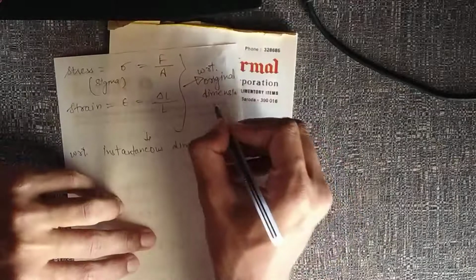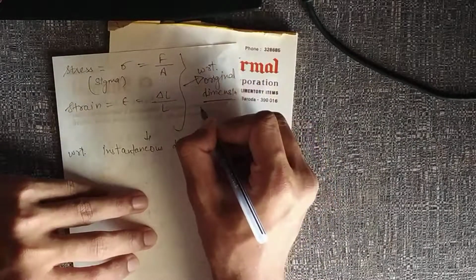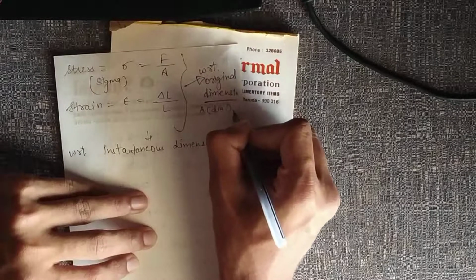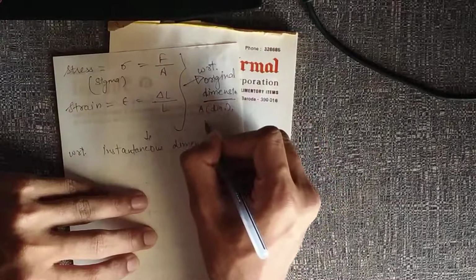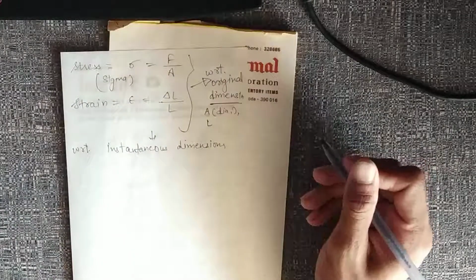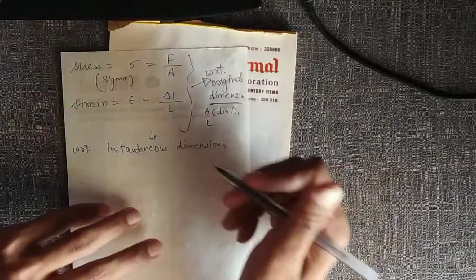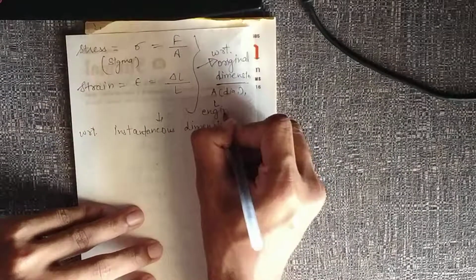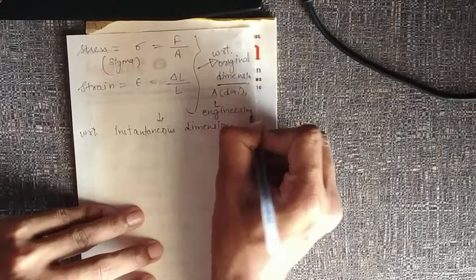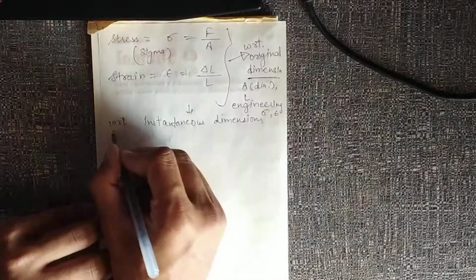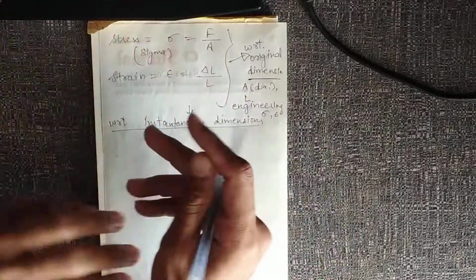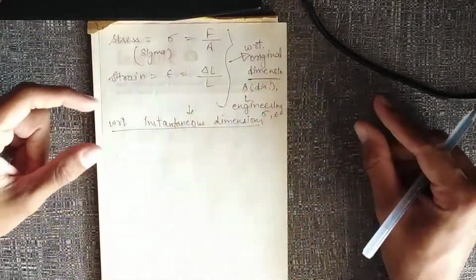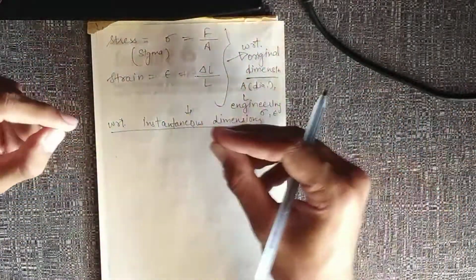Here, with respect to original dimensions means the area, that is the diameter, and the length are the original values when the experiment started, and these are known as engineering stress and strain. With respect to instantaneous dimensions, as we are stretching a rod under tension, the area will decrease as the length increases.